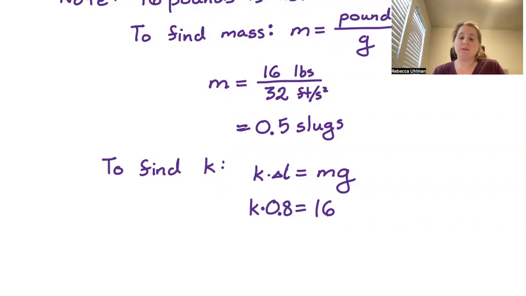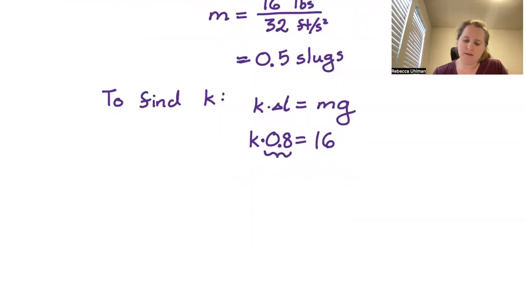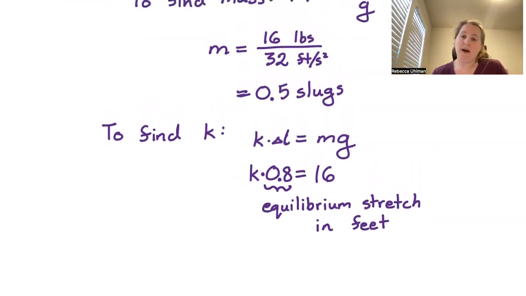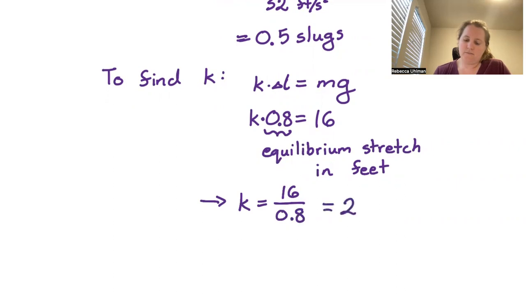Again, we have K times 0.8. That was our equilibrium stretch in feet. And this should equal that 16. M times g is just the pounds. So in this case, then we get that our K is 16 divided by 0.8, which is just 20.